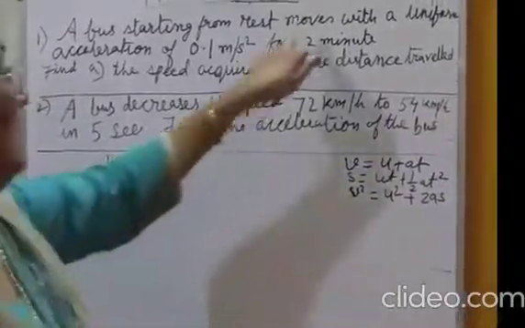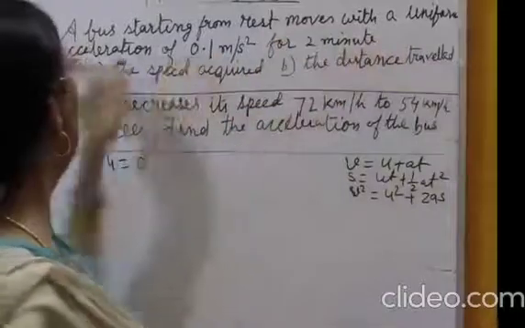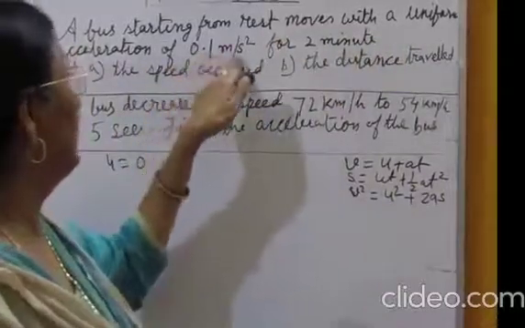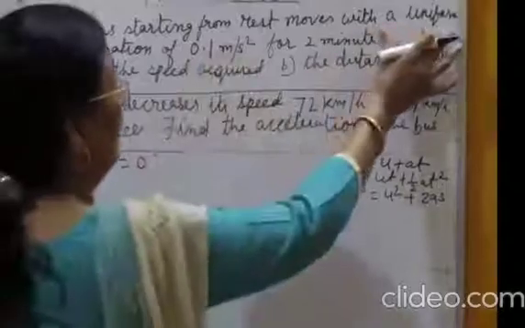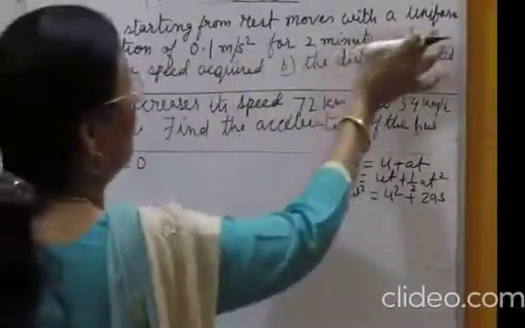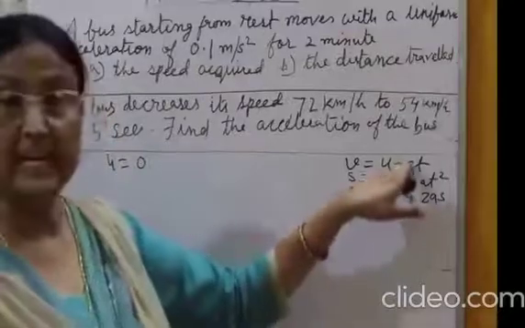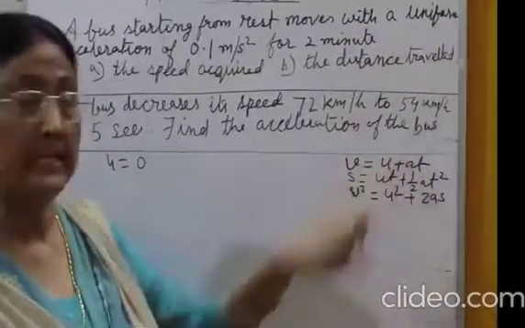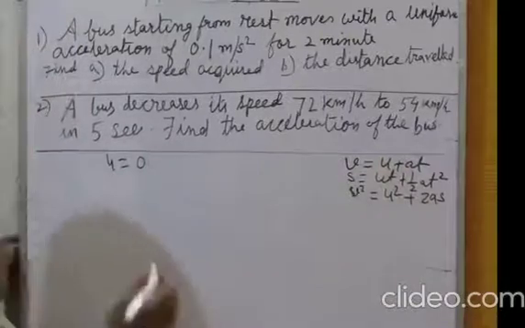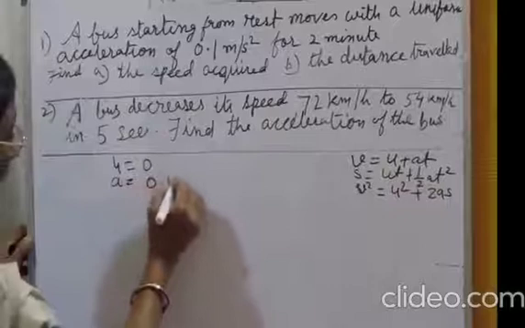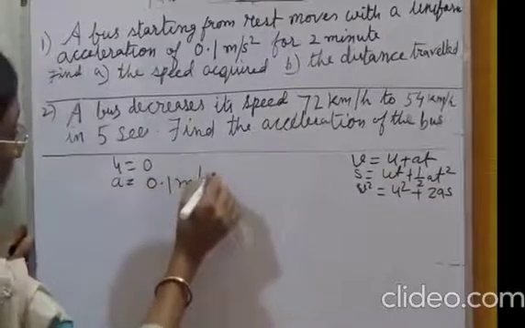Now, moves with a uniform acceleration of 0.1 meter per second square. What is the meaning of this one? Moves with the uniform acceleration. What is a? a is acceleration. Uniform acceleration already explained. So, a equals 0.1 meter per second square.